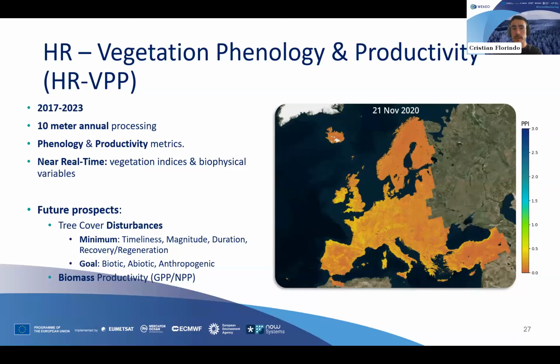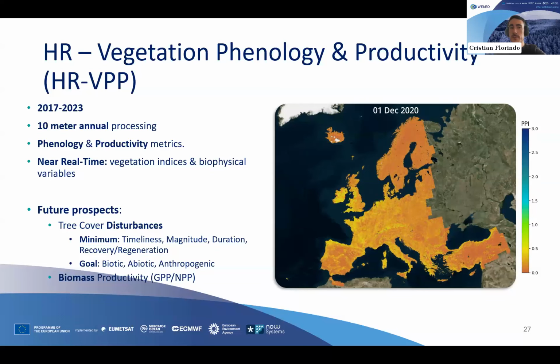So the resolution is 10 meters, and you will find information on phenology and productivity, which is crucial for insights into vegetation health and productivity. So again, 10 meters resolution with phenology that helps us observe vegetation growth cycles and how they change over time. And it is near real time. So that's really important for monitoring.